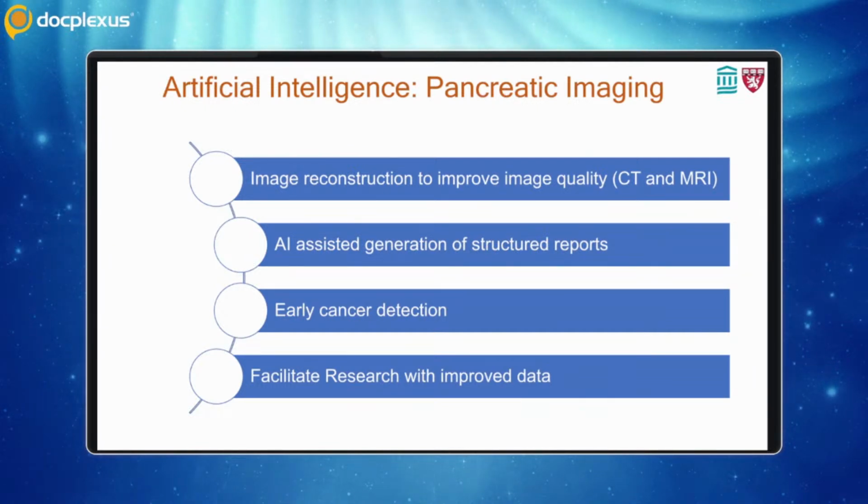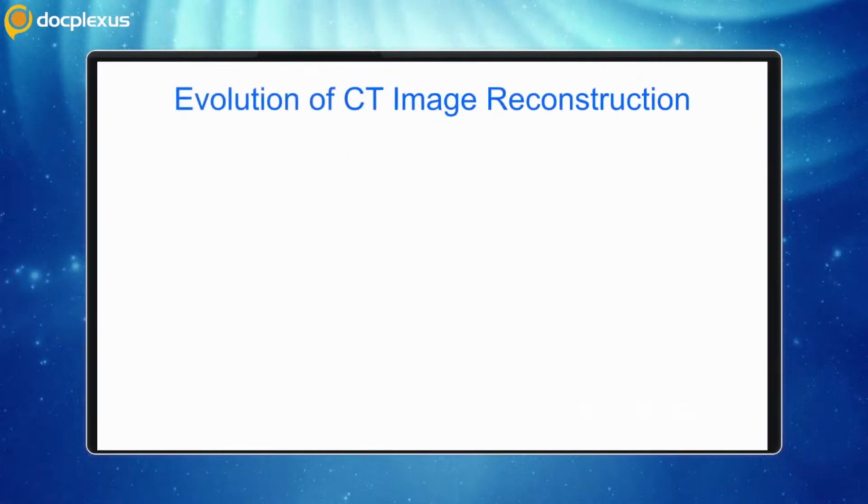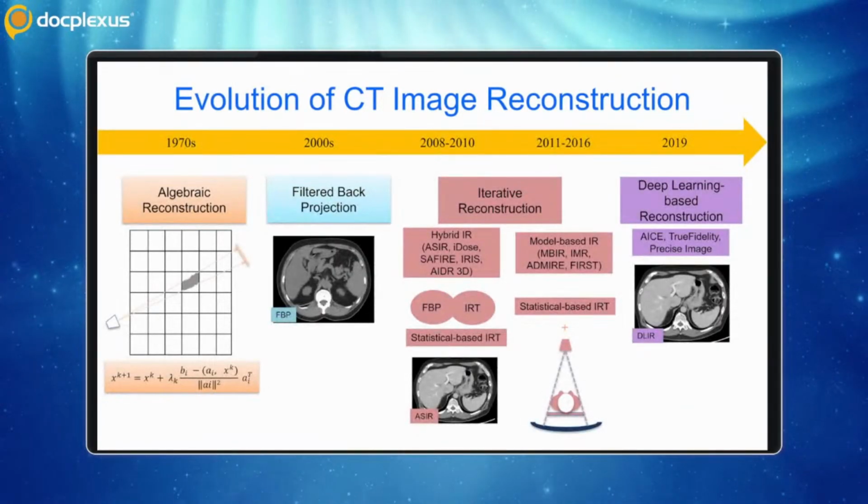Now, image reconstruction in CT is very important to generate tomographic images from X-ray projection data. There has been evolution of different types of CT image reconstruction algorithms, starting from filtered back projection to deep learning based reconstruction.